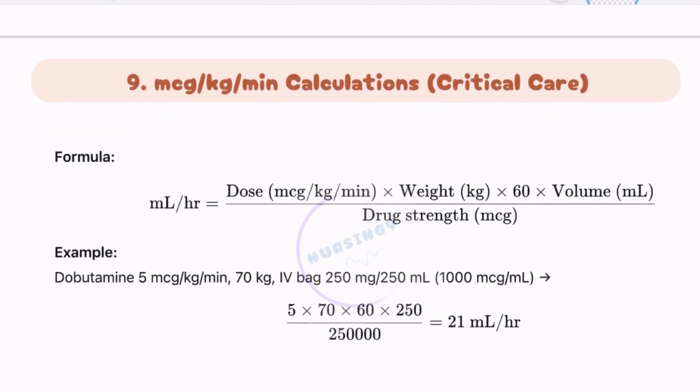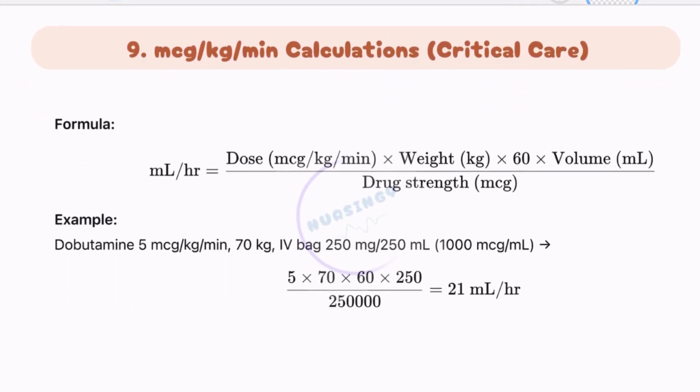This is the critical care calculation, mcg per kg per minute. It is very important, guys. You really need to remember this one.